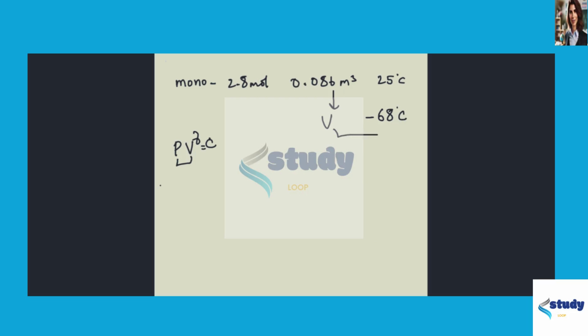But because we are dealing with volume and temperature here, we will try to convert this into a relation between volumes and temperatures using the ideal gas equation. We know that PV is equal to nRT, which means we can substitute for P. We can see that P is nRT by V. By substituting this, we can see nRT by V, V power gamma is a constant.